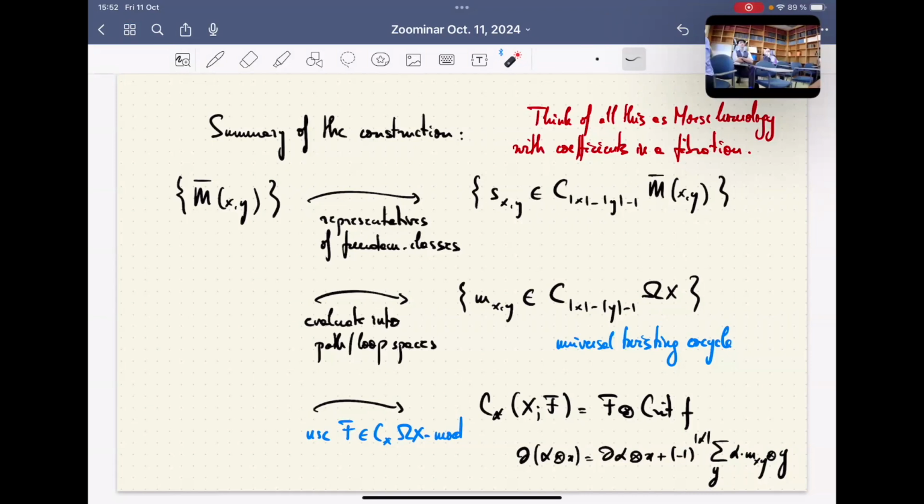And these 2 objects are analogous to what I had mentioned before in the Brown construction. So there's the chains on the fiber for a fibration, and then there's this universal object that's only defined in terms of the base. It does not involve any other data of a fibration, it's just universal.